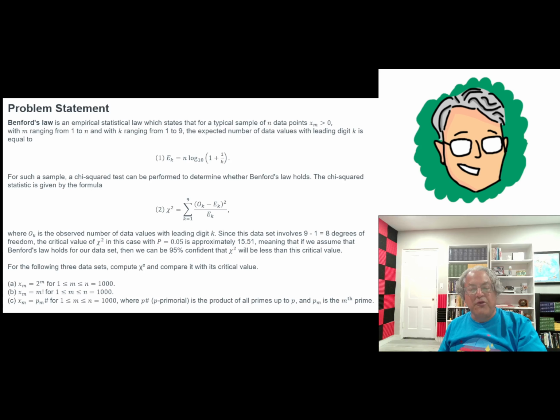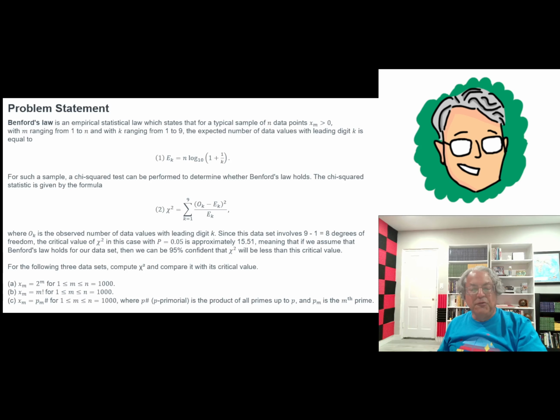Namely, chi-squared is a sum of k going from 1 to 9 of this fraction, the numerator of which is O sub k minus E sub k quantity squared. And the denominator will have E sub k. I already told you what E sub k is. It's given by formula 1. What's O sub k? O sub k is the observed number of data values with each digit k. And this is how a chi-squared test works in general.